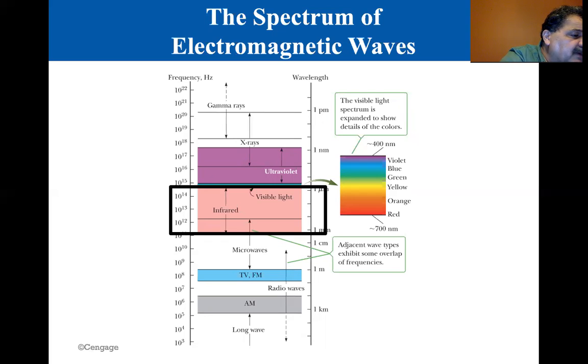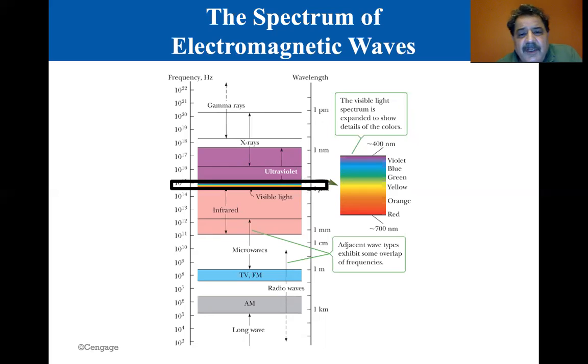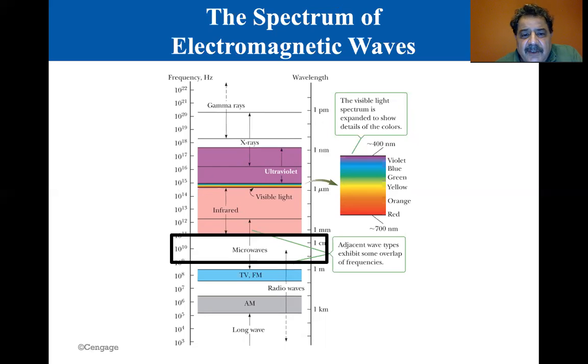Microwaves have wavelengths ranging between about 1 millimeter and 30 centimeters, and they're generated by electronic devices.